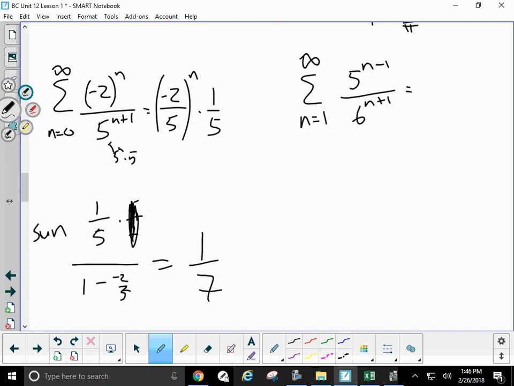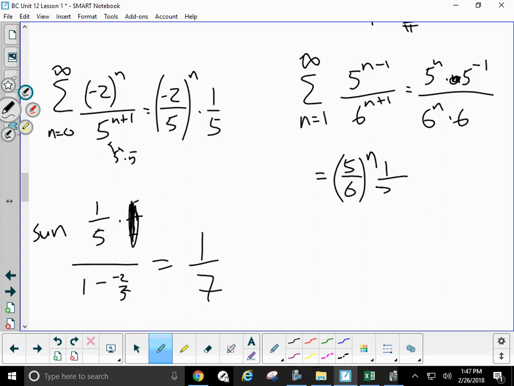And then this guy, this is 5 to the n times 5 to the negative first. That's important to write that out so we get that first term. This is 6 to the n times 6. So that's really 5/6 to the n times 1/30th. The 5 comes to the bottom. 6 times 5 is the 30th. So this definitely converges because r is less than 1.